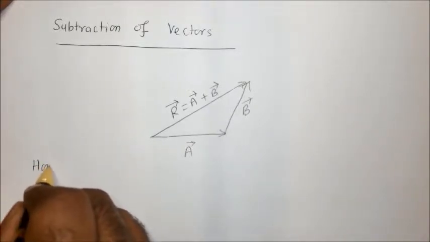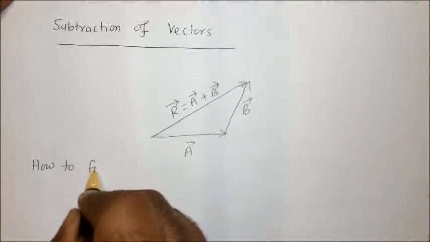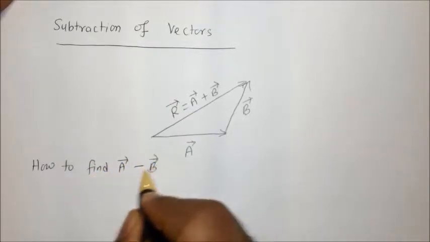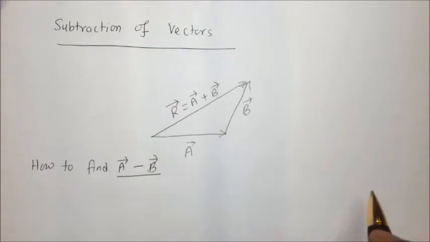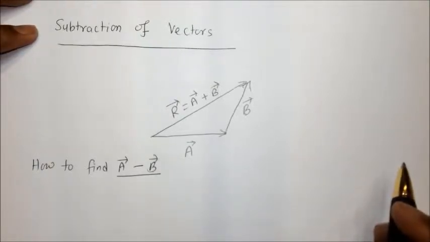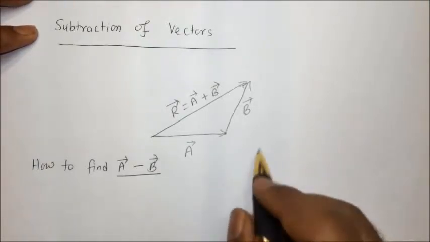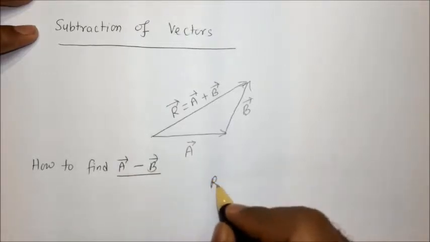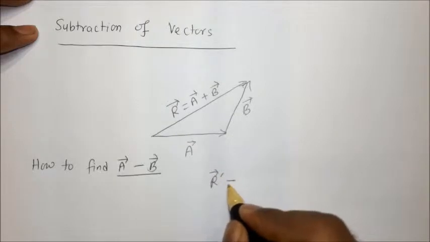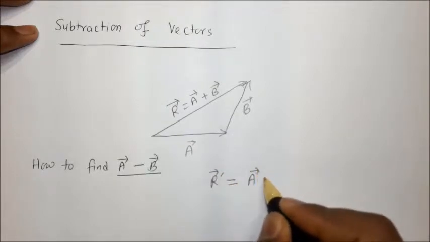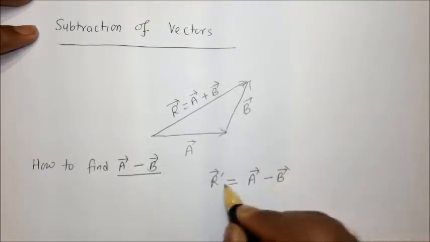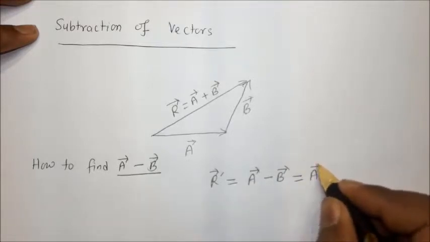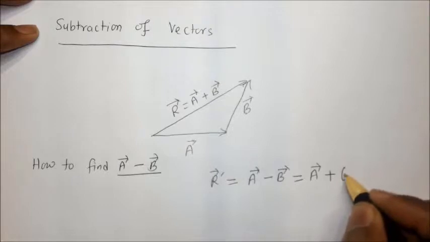Suppose vector A minus vector B is R prime, so we can write new vector R prime is vector A minus vector B. We need to find this. What it means is that this can be written as vector A plus vector minus B.